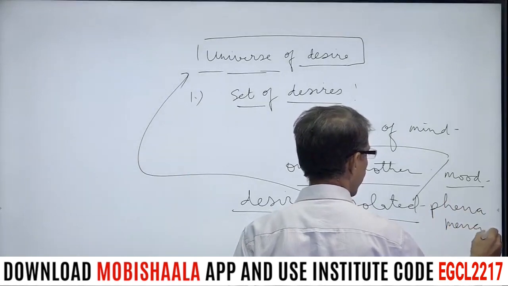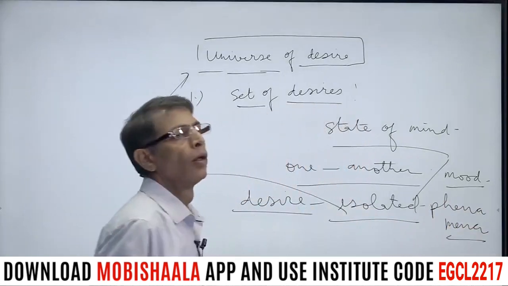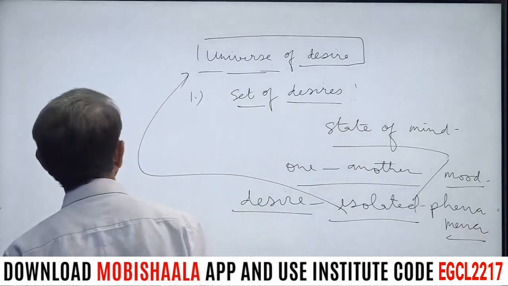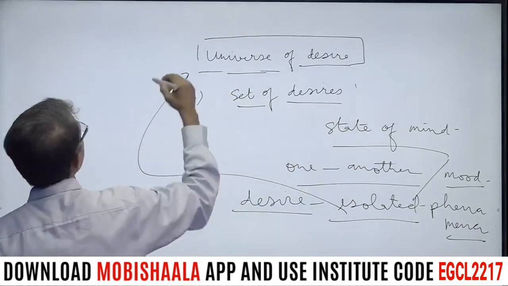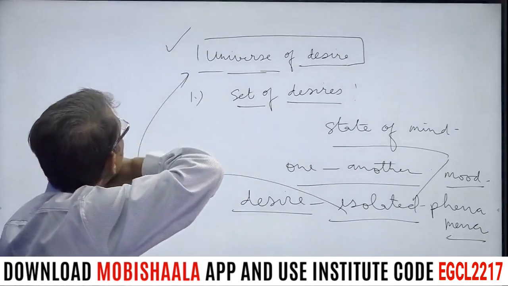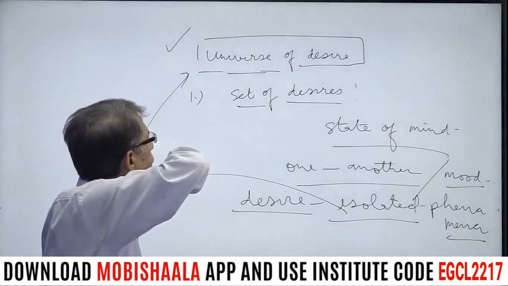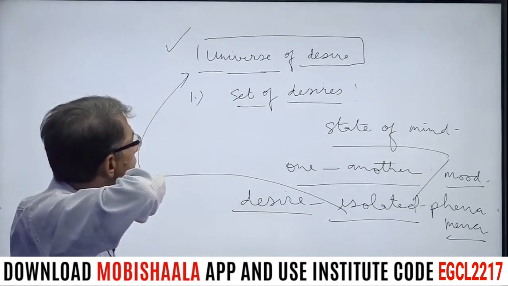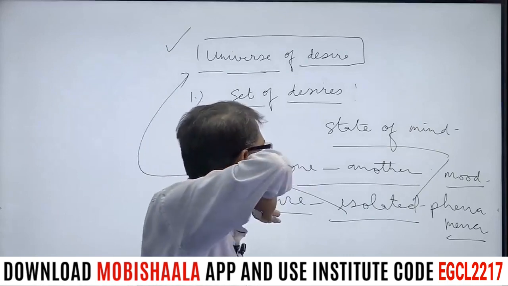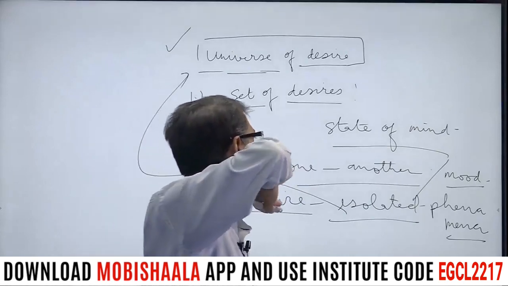Let me move further. We have discussed the inverse of desire, and the next thing to discuss is how we take decisions, that is, the voluntary action, decision, desire.